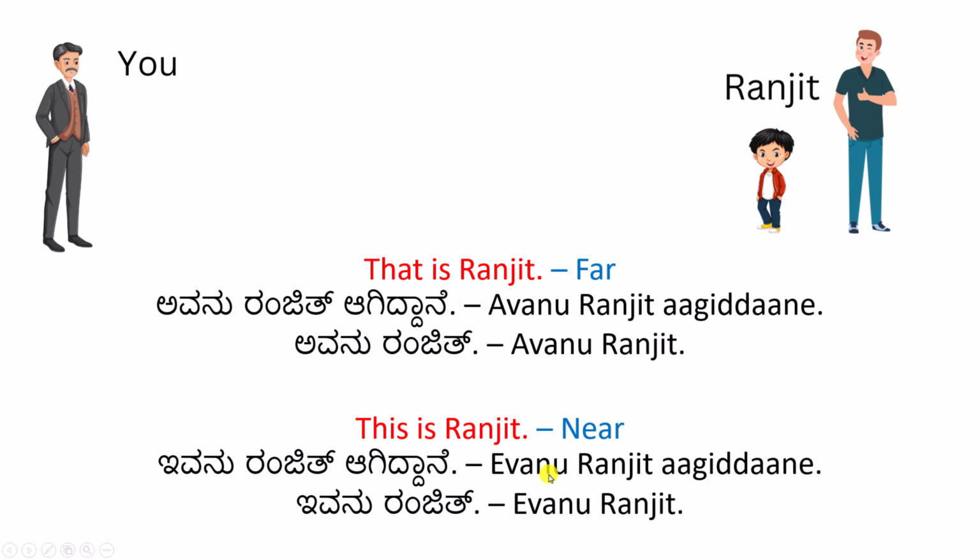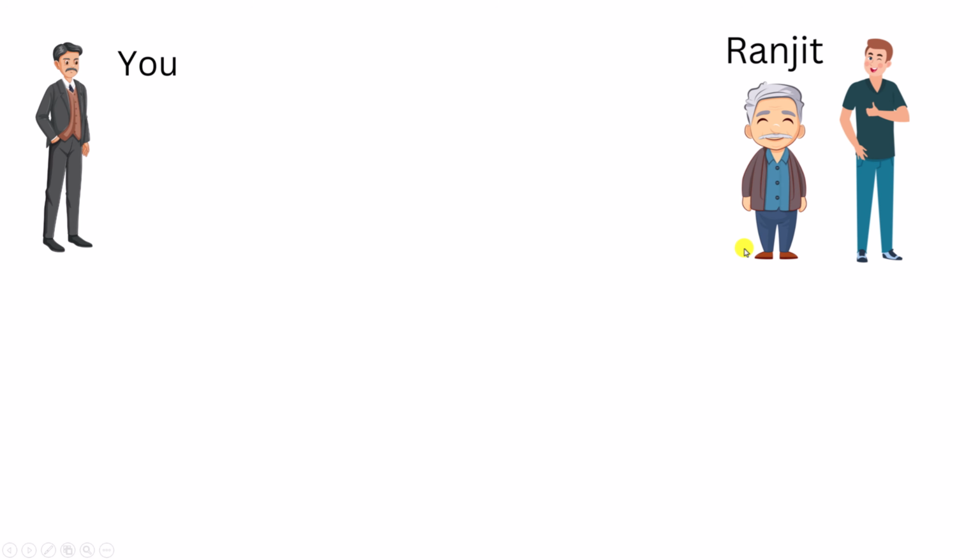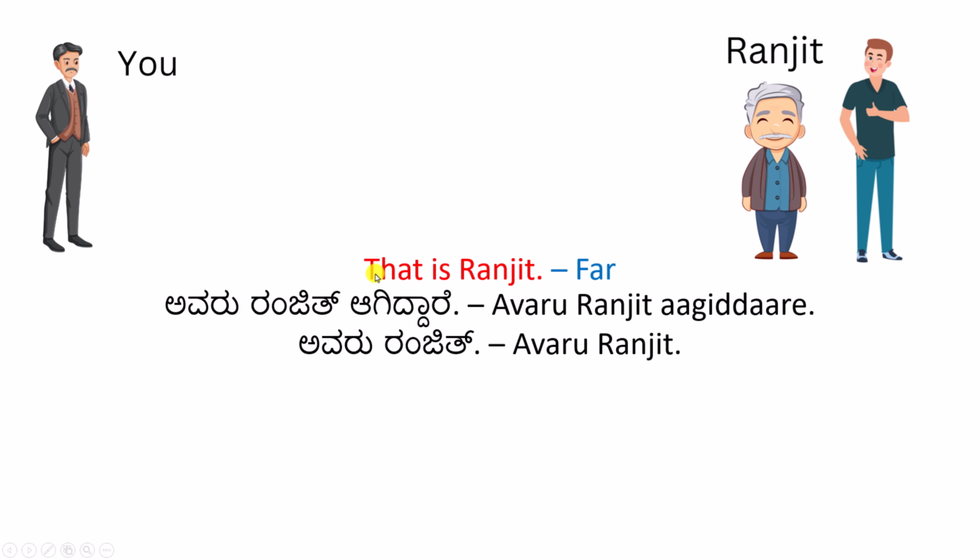So Ivanu, the word for he, is used for this too. Alright? This sentence would be Ivanu Ranjit. Okay? Next, when Ranjit is elder than you or a stranger to you, that is Ranjit.